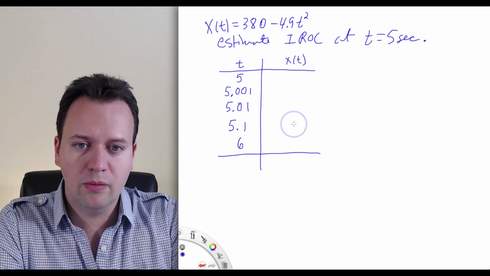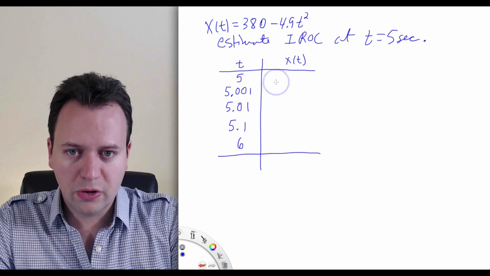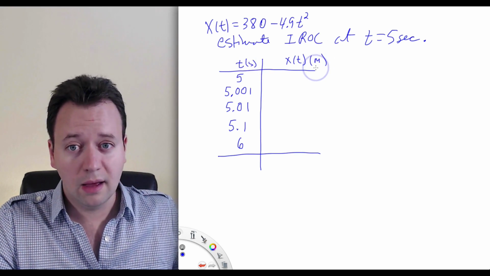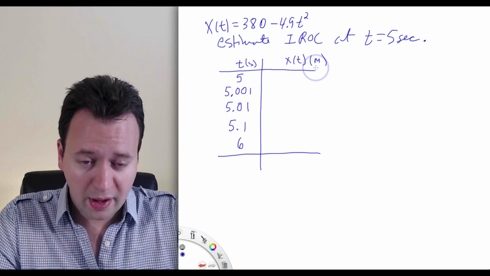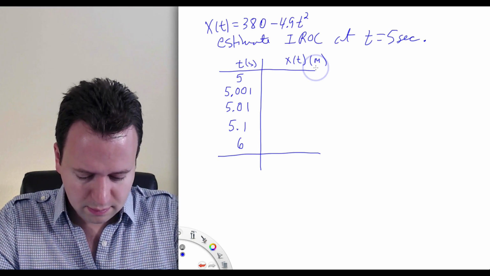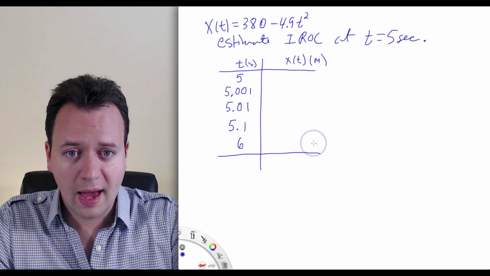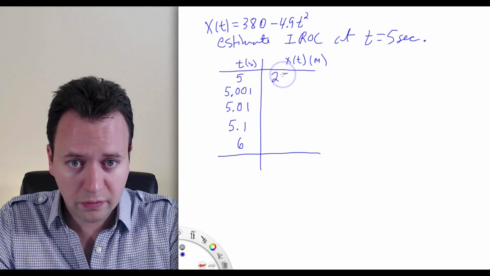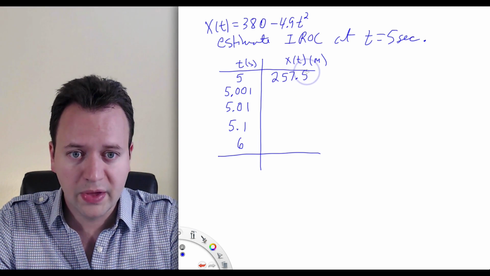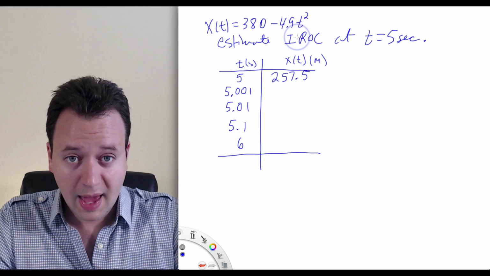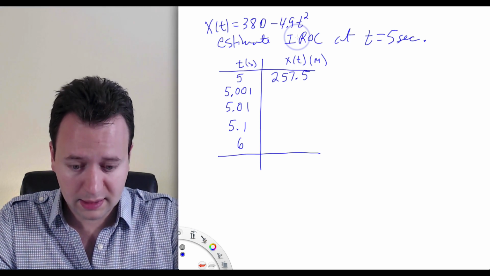So at different moments in time, we can compute, so this is time in seconds, this is x of t in meters, we can compute the height of the pebble. So at 5 seconds, we would be at a height of 257.5. So I just plugged in 5 seconds for the formula. At 6 seconds, I'm going to skip ahead to 6.